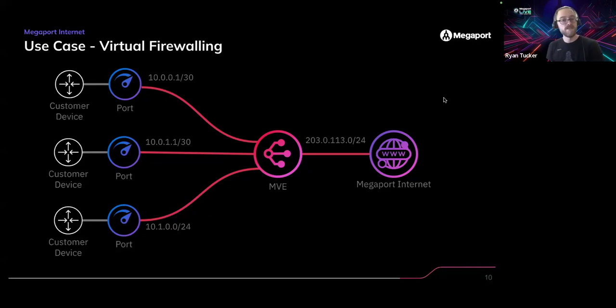You can also put the MVE wherever it makes sense, right? So these 3 example data centers here, hypothetically, maybe they're not all in the same place. Maybe they're not all in large facilities that have the kind of peering that you would want for internet connectivity. Maybe they're in different states even.